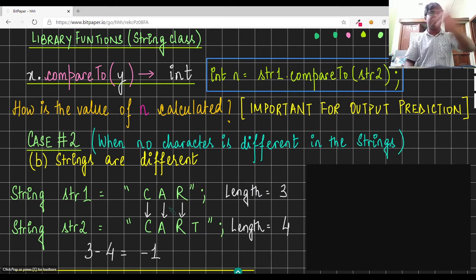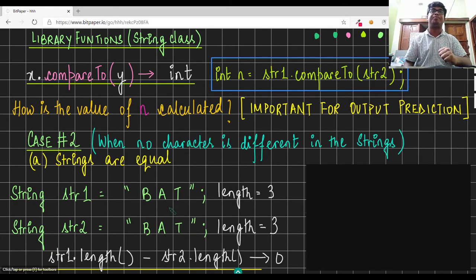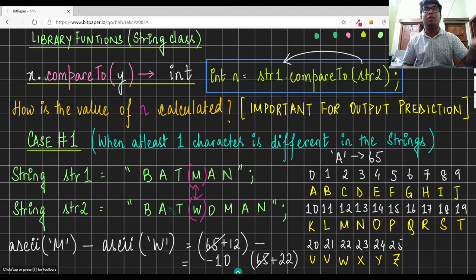All right. Before I jump on to that, let's recap how compareTo works once again. In case 1, where at least one character is different, you would stop at the first character where there lies a difference, and you would subtract the ASCII values of these two characters. Whatever you are left with will be the value of n, and the sign of this value would determine your interpretation, right?